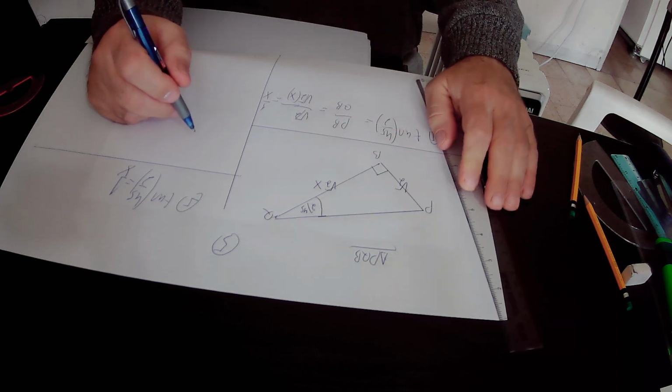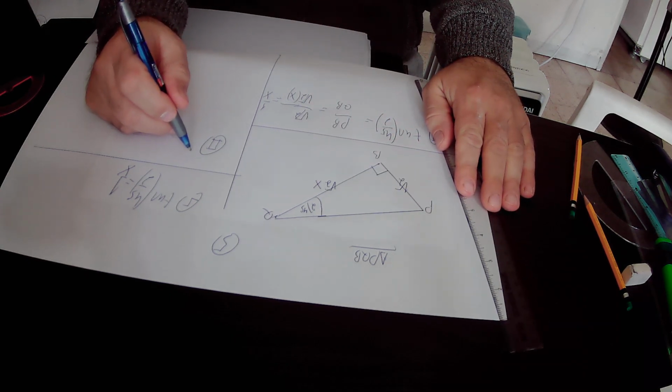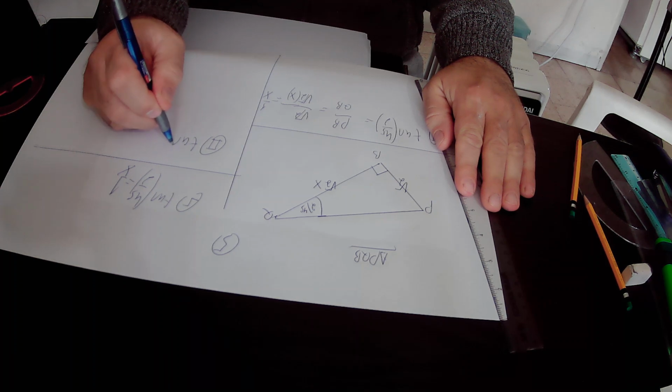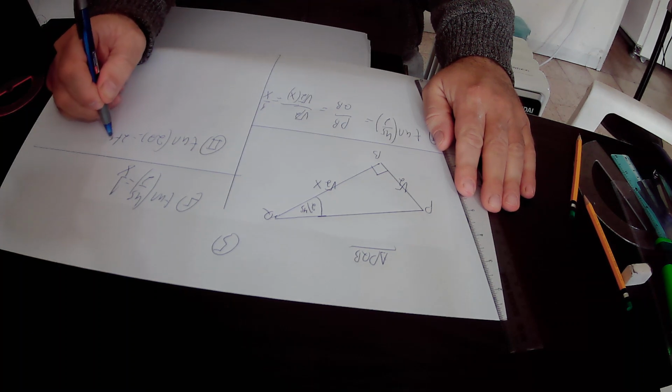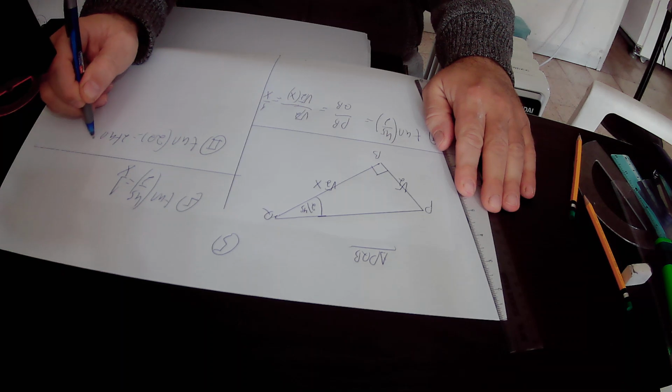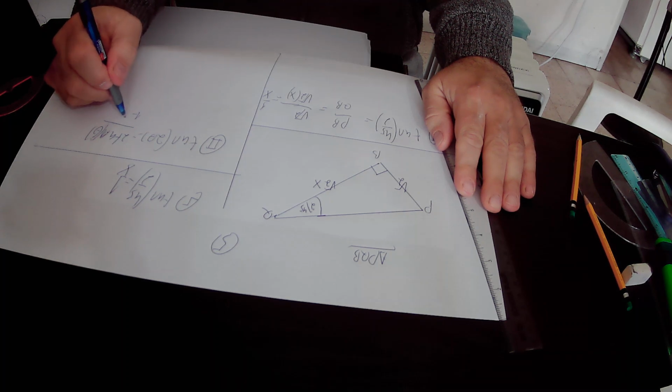While we have the trigonometric identity that tangent 2 theta equals to 2 tangent theta over 1 minus tangent square theta.